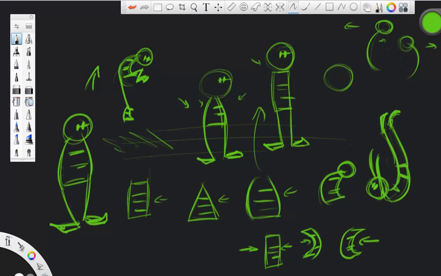So basically you can have a pose like this, or a pose like this, or a pose like this, or a pose like this. These are the most common types of poses.